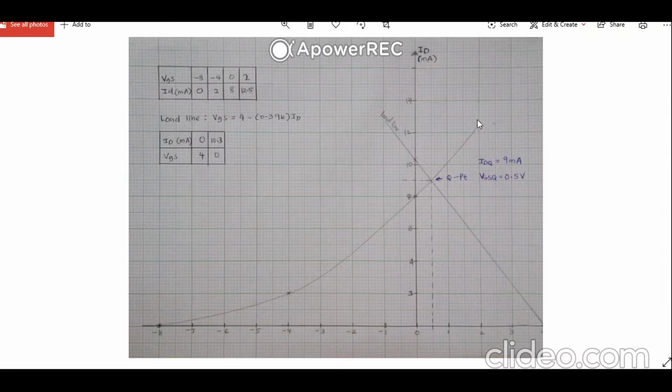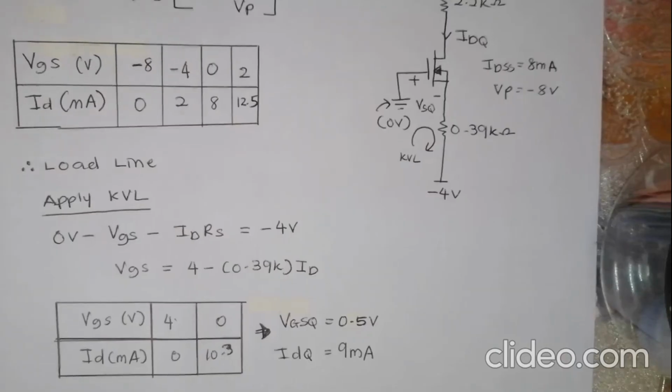Then we just have to draw the curve line here. After that, we have to find the load line so we can get the IDQ and the VGSQ.